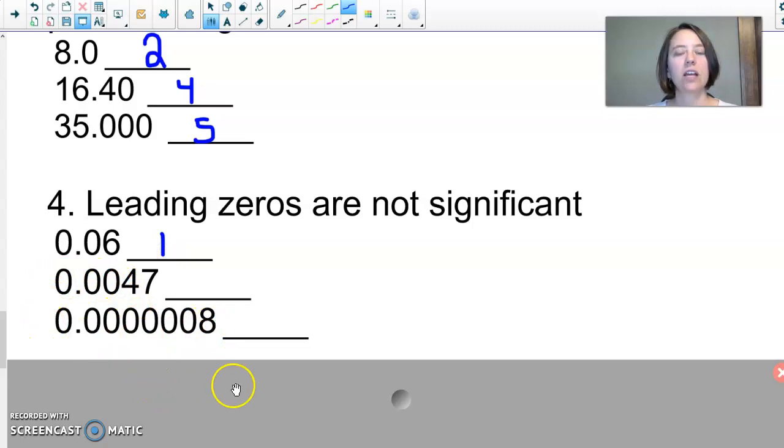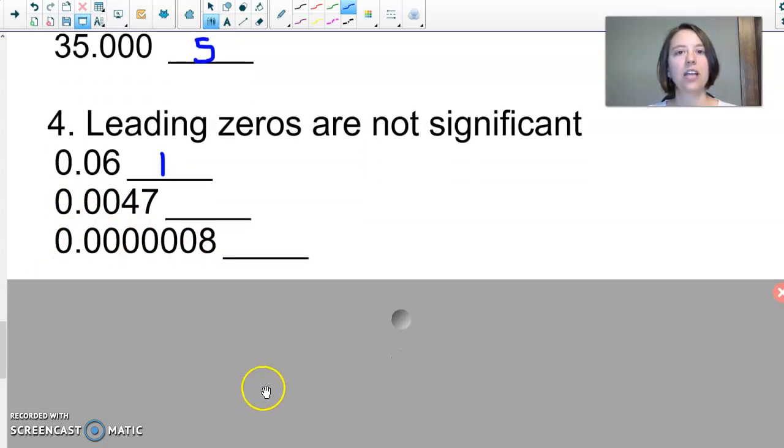So take a minute and write those down, your guesses. And this one, these don't count, only the 4 and the 7, so I have 2 significant figures. And on this one, none of these count, only the 8 does, so I have 1.